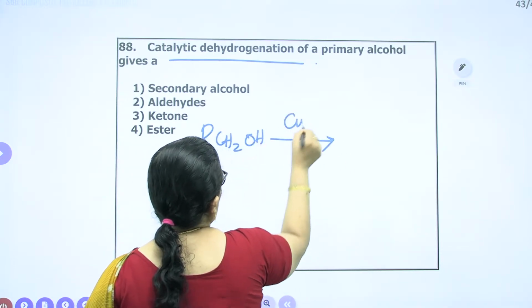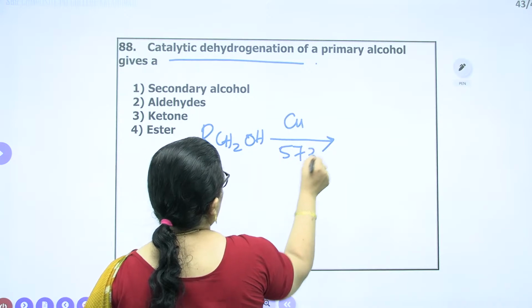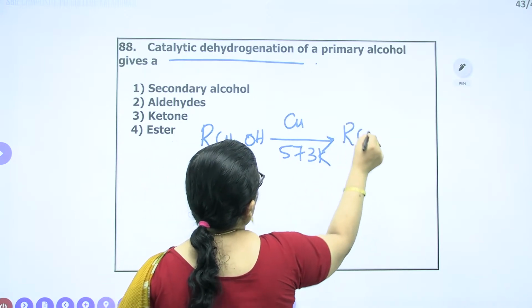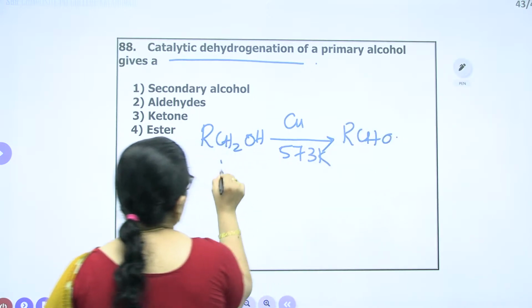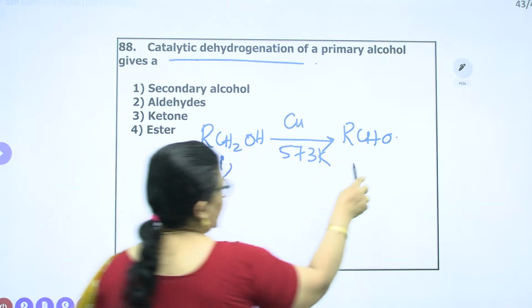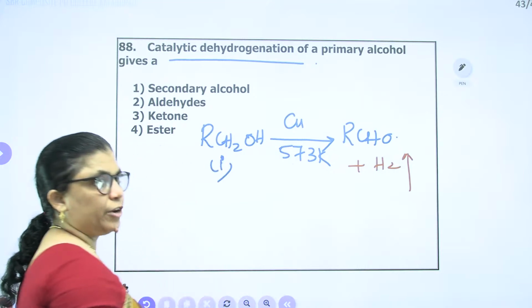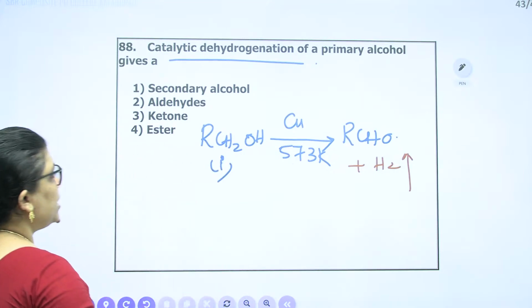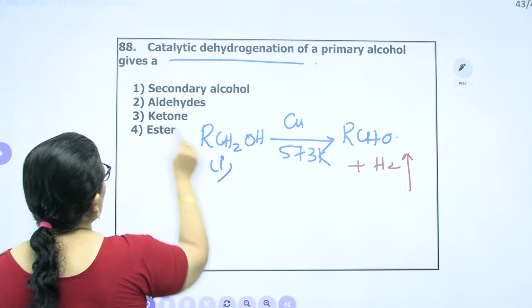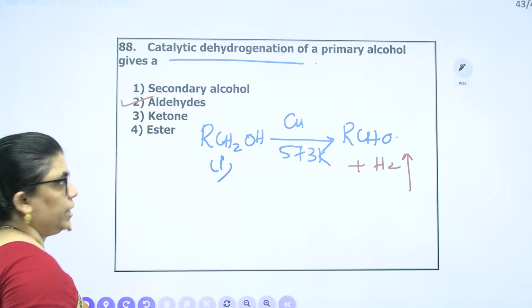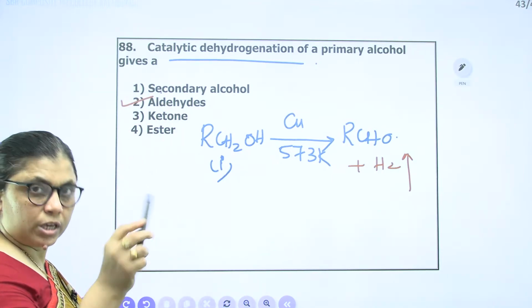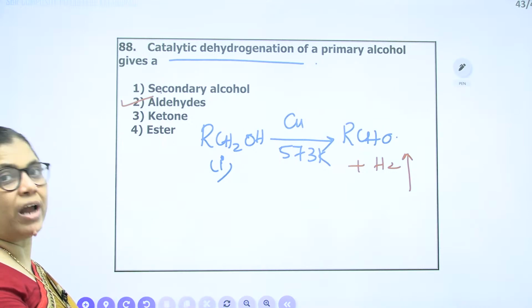When treated with copper at 573 Kelvin, it will produce aldehyde, with the liberation of hydrogen gas. That's why it is called catalytic dehydrogenation to produce aldehyde. Secondary will give ketone, tertiary will give alkene.